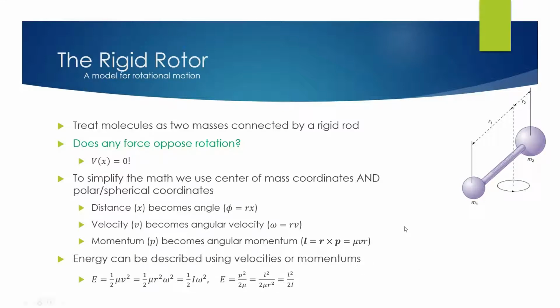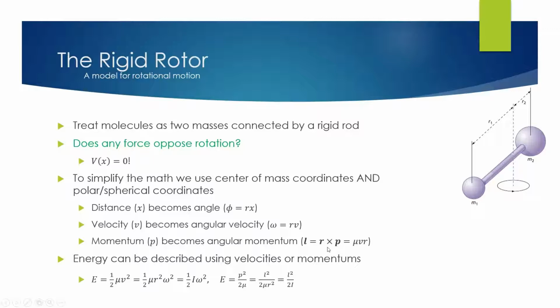So the angular momentum L is defined as the cross product between the radius and the linear momentum P. And it turns out that for something like two-dimensional rotation, these two are both in the plane of rotation.